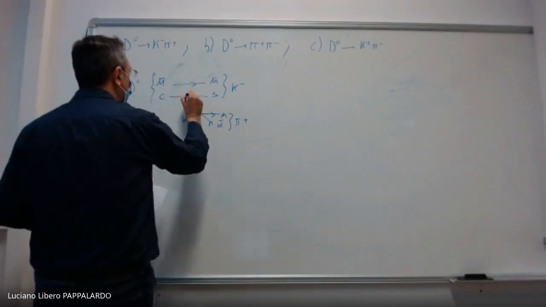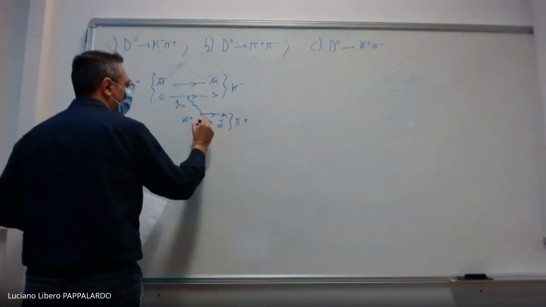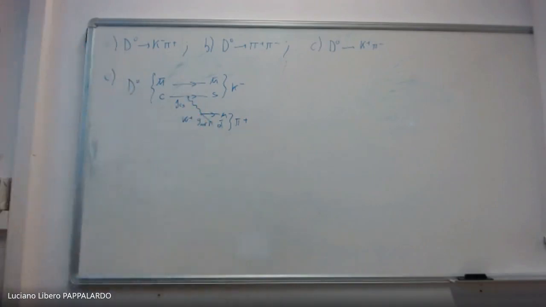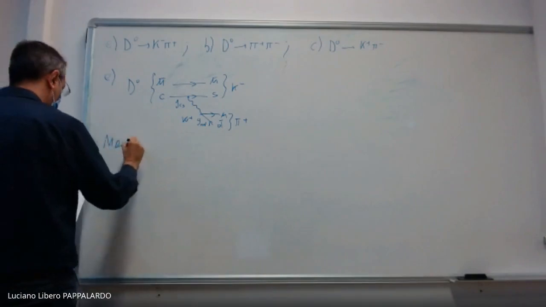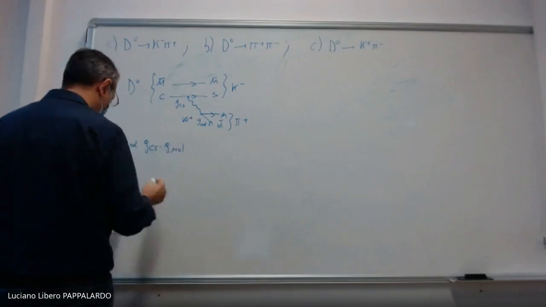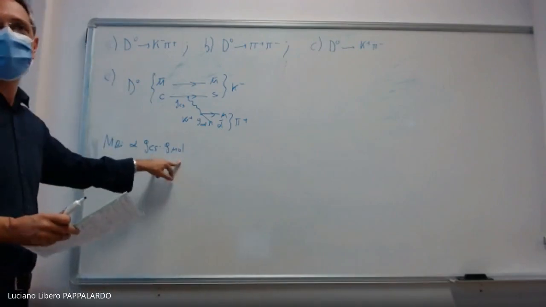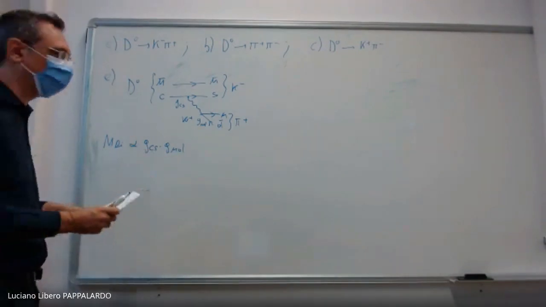So the couplings G_us, G_ud, so they are now both quark couplings. And so the amplitude is proportional to G_cs and G_ud. They are both transitions within the same family, so within the second family and within the first family. So they are both favored, right?